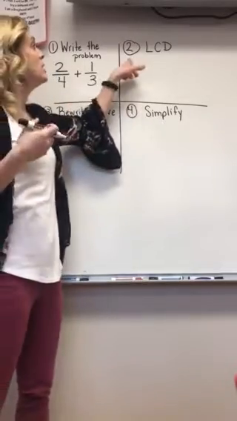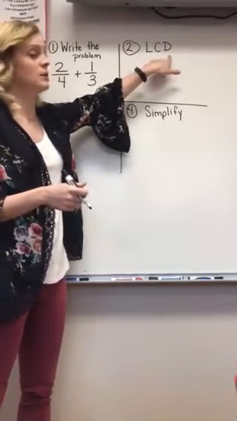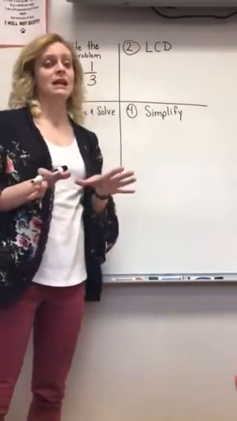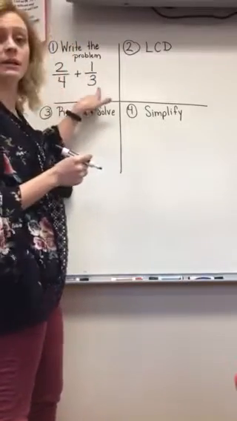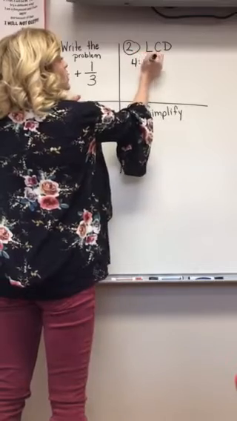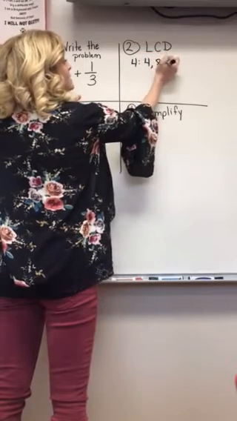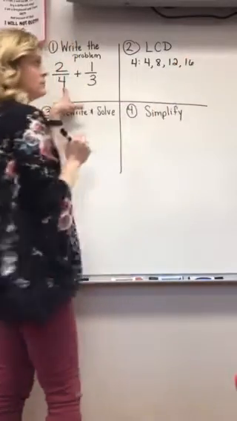Step 2 is we are going to find our least common denominator, or our LCD, and by doing that we're going to list our multiples of the denominators. So let's start with 4. We have 4, 8, 12, 16.